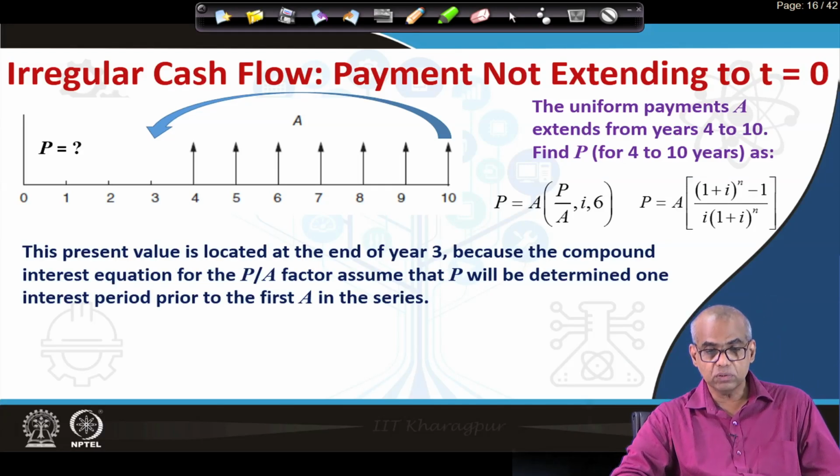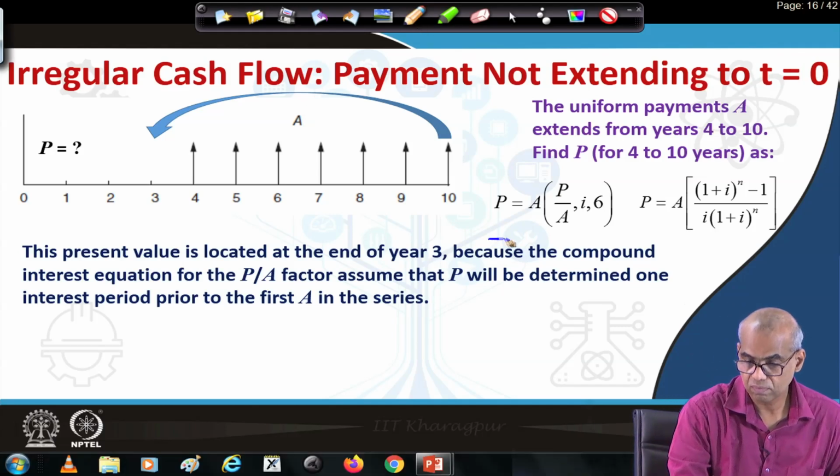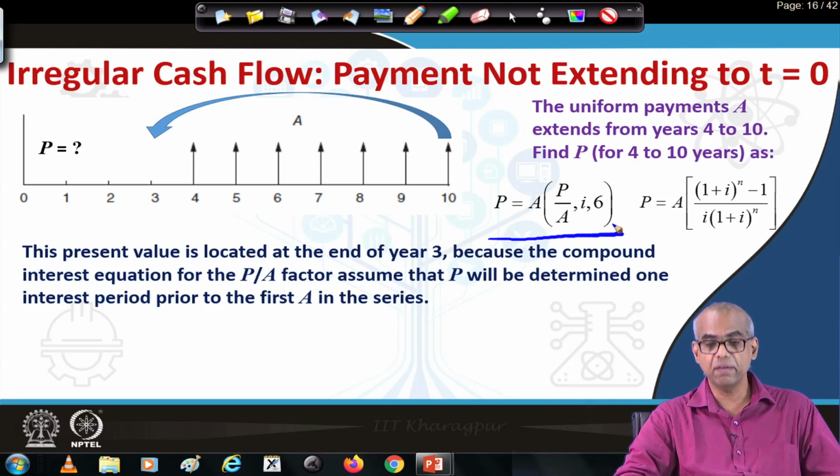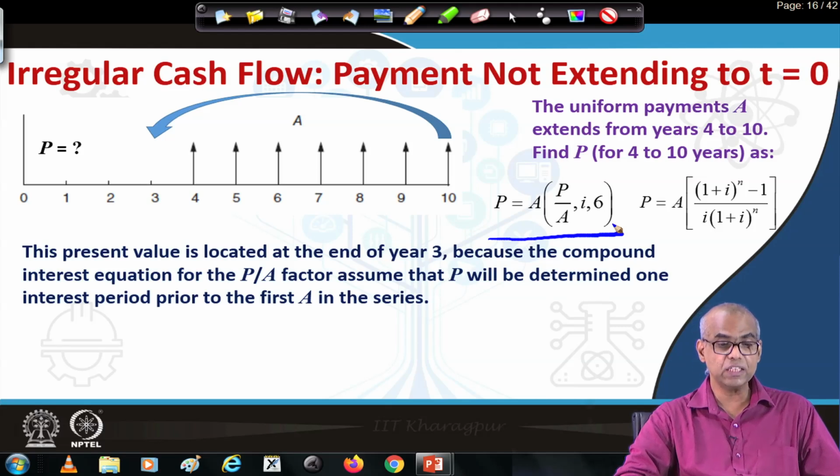So, this present value can be computed as: find out the P by A factor, interest rate i, and extends over 6 years, 4 to 10. So, this present value is located at the end of year 3, because the compound interest evaluation for the P by A factor assumes that P will be determined one interest period prior to the first A in the series.